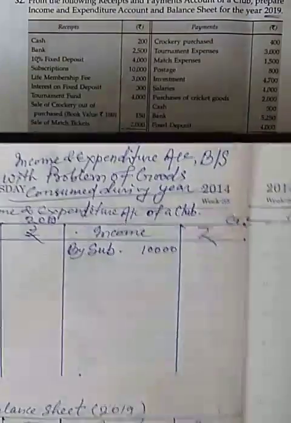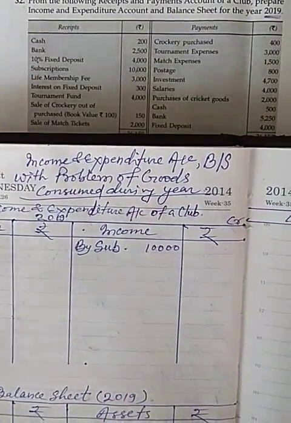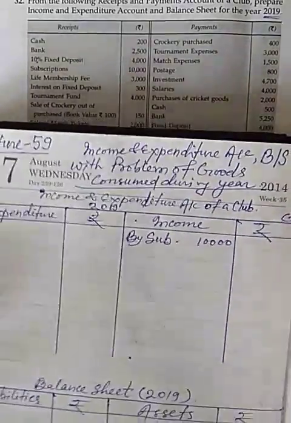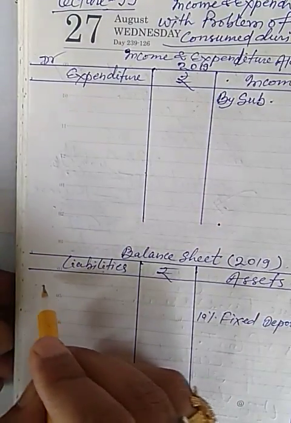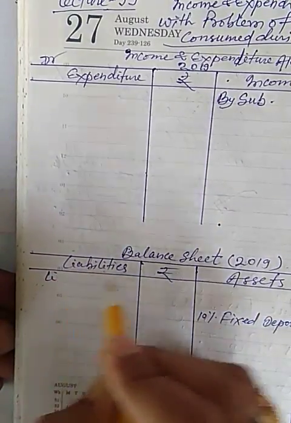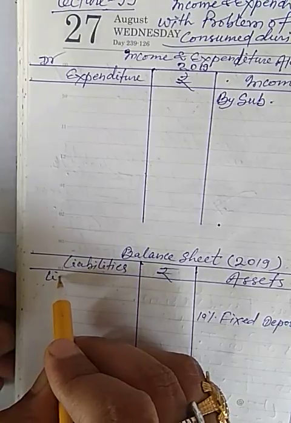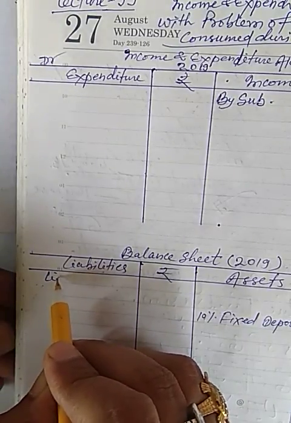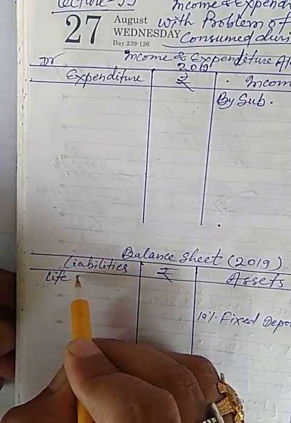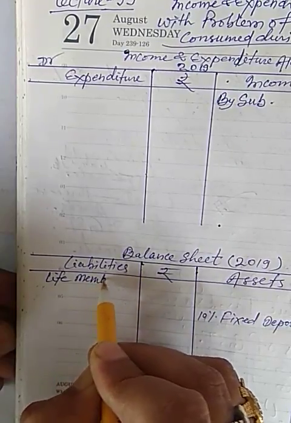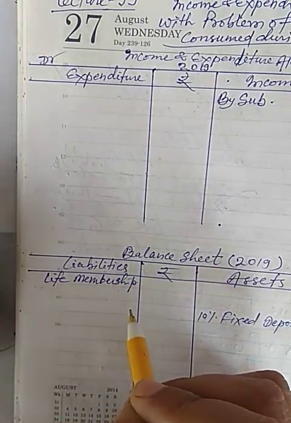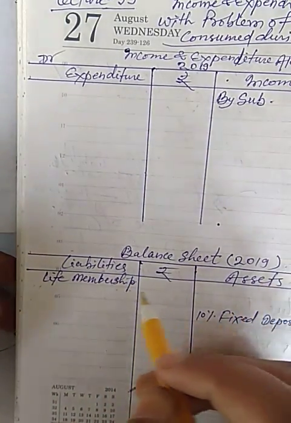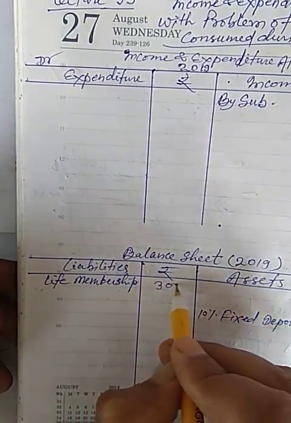Now life membership fee is given 3,000, and I will write it in liability side of current year balance sheet. Life membership fee is given 3,000.